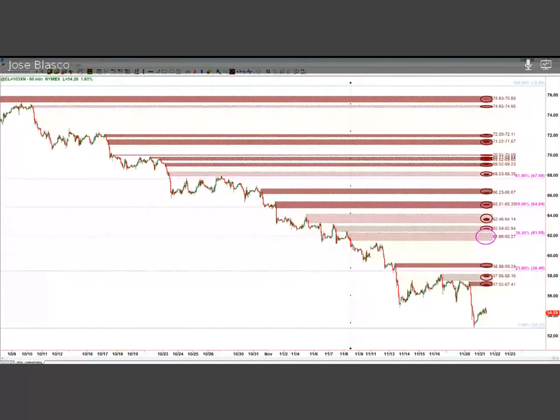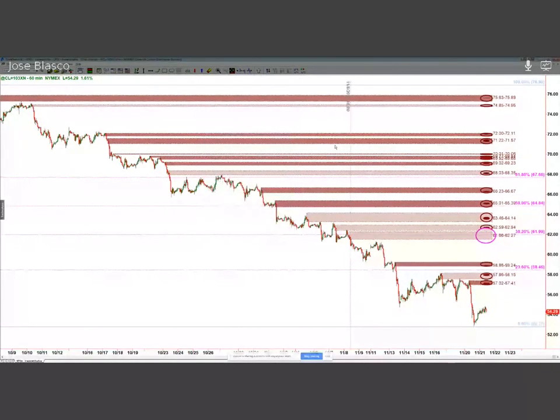So that was 11/8 at 10 a.m., right? So when that UFO was formed on 11/8, which is a little more than 10 days ago, no one knew that crude oil would go all the way and hit that low.